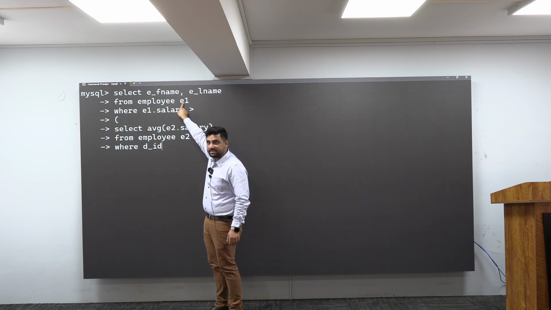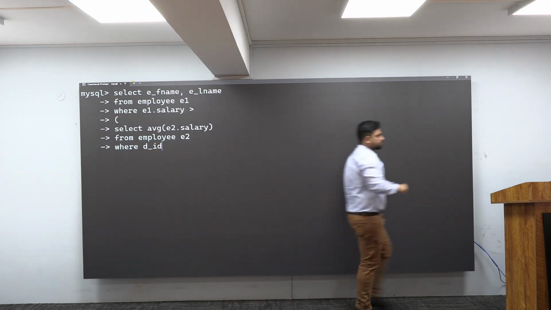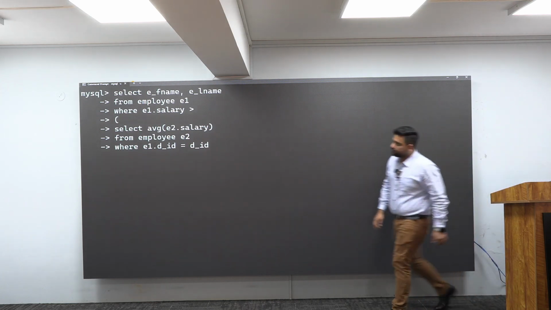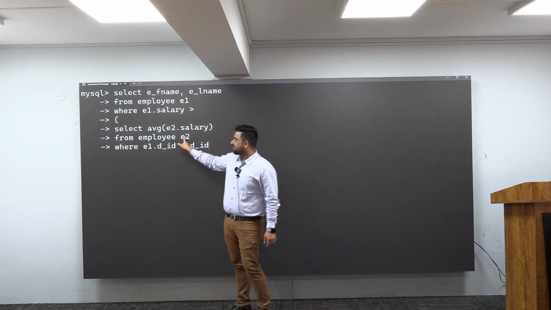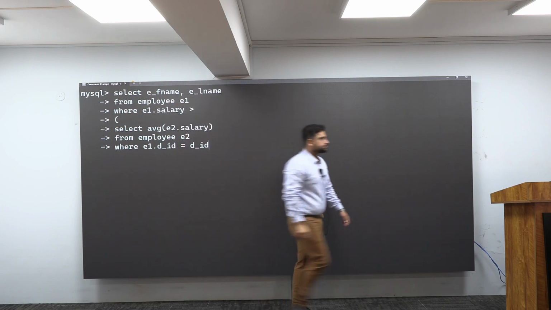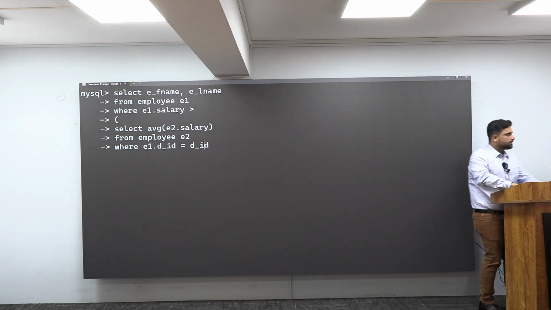E1, because we have already renamed our table. So E1 we have to put here, E1.department_id, and we have to compare it with the department ID. With which department ID? With E2.department_id, which is our inner query table.